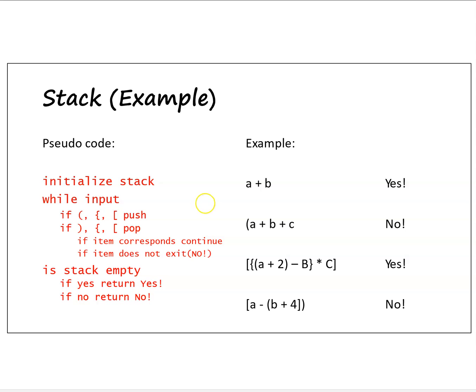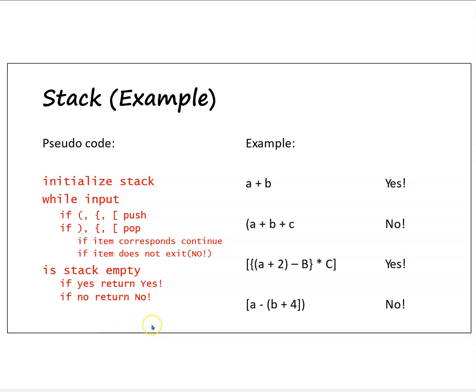So here's some pseudocode for it. We initialize our stack. While input, if it's a bracket or curly, etc., we push it onto the stack. If it's the closing one, we pop it. If the item that we pop off matches the other side of the item we expect, we continue.